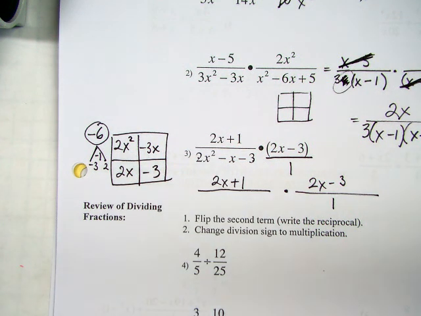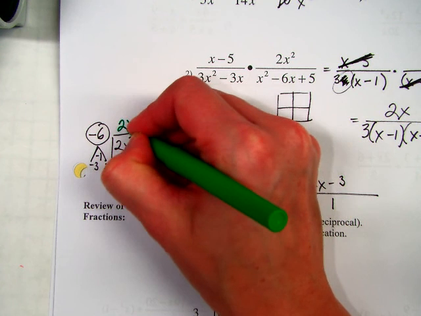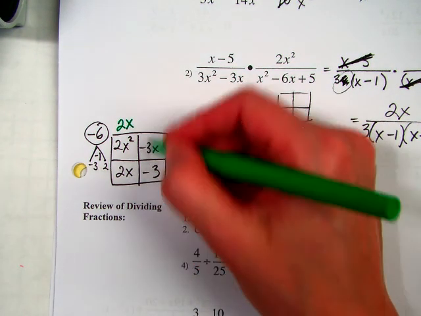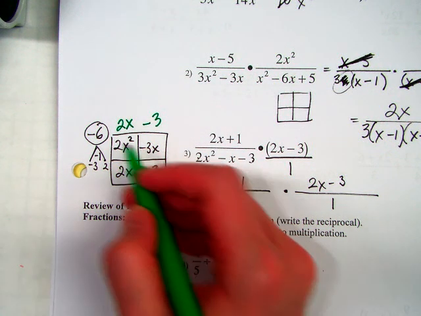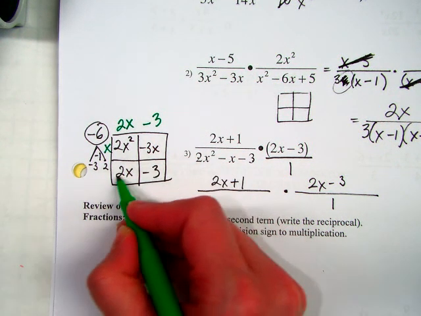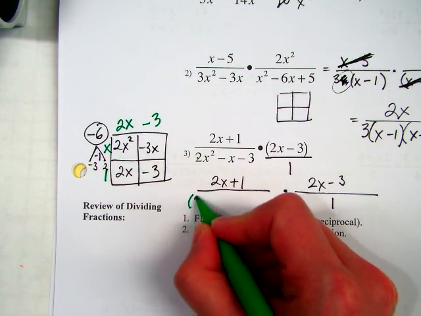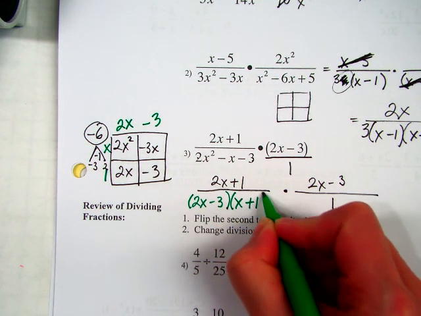The GCF for 2x squared and 2x is actually 2x. The GCF for negative 3x and negative 3 is negative 3. The GCF here is x. The GCF here is 1. So 2x minus 3 and x plus 1 goes right here.